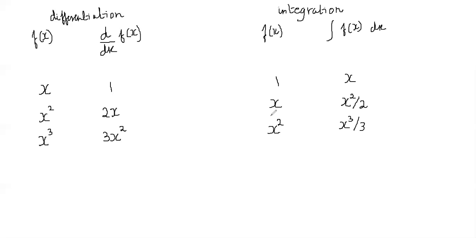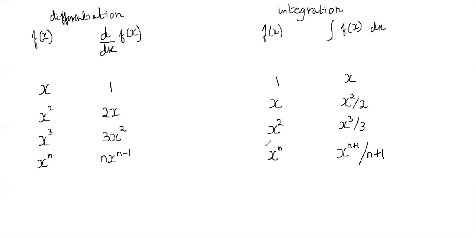So we can write the general formula for this. If we have x to the power of n, where n can be 0, 1, 2, 3, any number, this will be x to the power of n plus 1 divided by n plus 1. This is the general formula for integration. What will be the general formula for differentiation? The n will be coming down and x to the power of n minus 1.